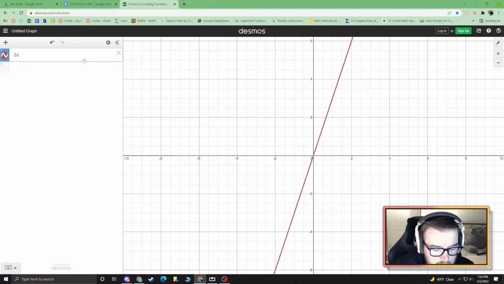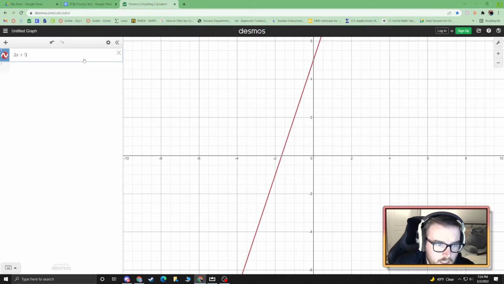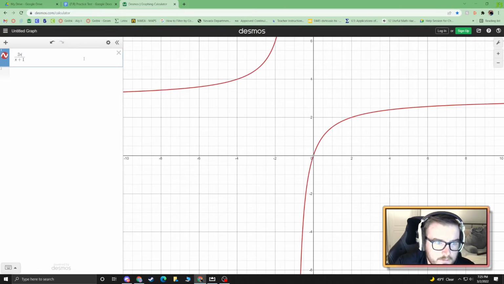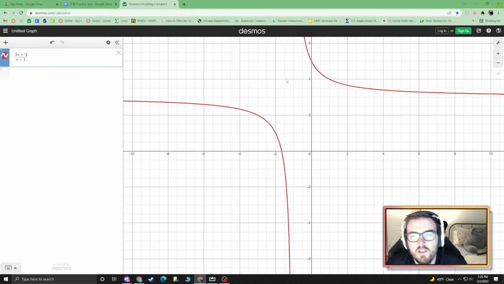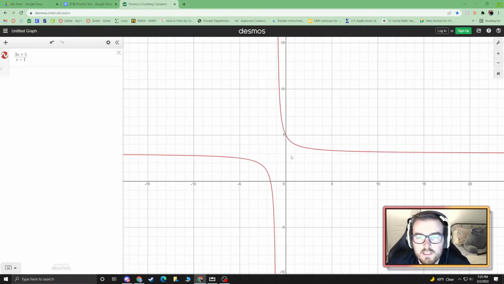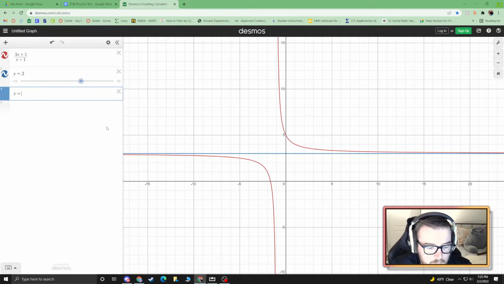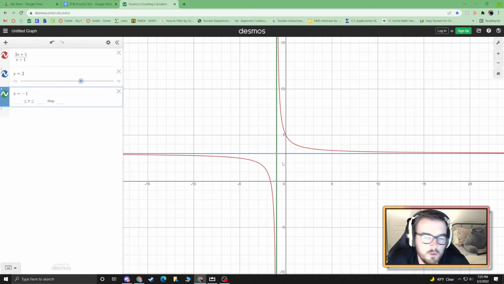When I type 3x plus 5 over x plus 1, you can see there is a horizontal asymptote right here at 3 and a vertical asymptote right there at -1. That needs to be pretty visible to all of us.